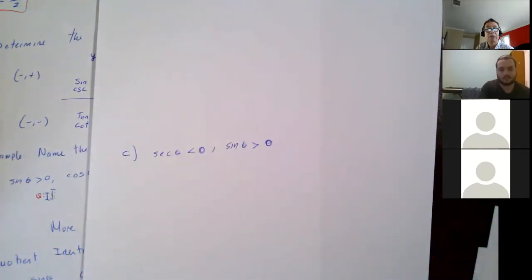What would be the quadrant? Secant is negative, but the sine is positive, right?